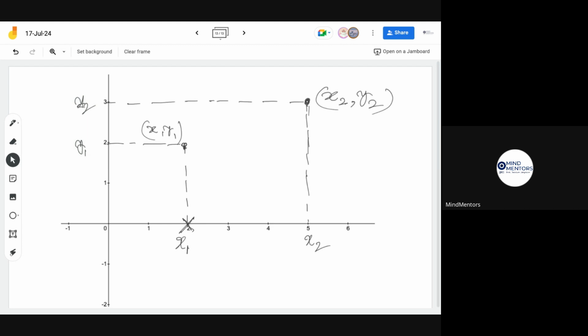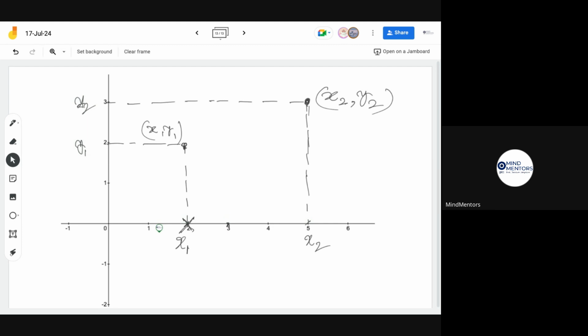Now, if I do x2 minus x1, you just watch, right? 5 minus 2 gives me 3, divided by 2 gives me 1.5. Does that give me the midpoint? Yugala? No, it doesn't.